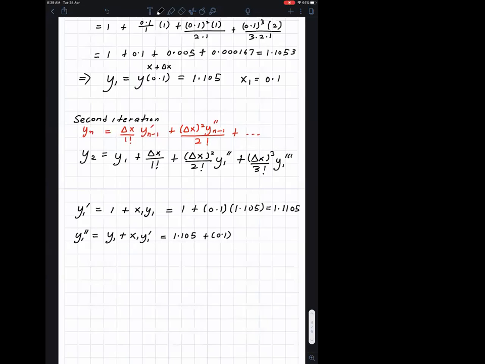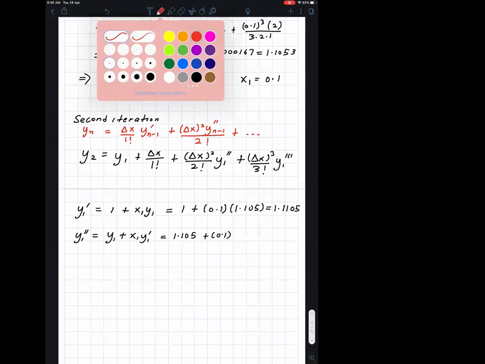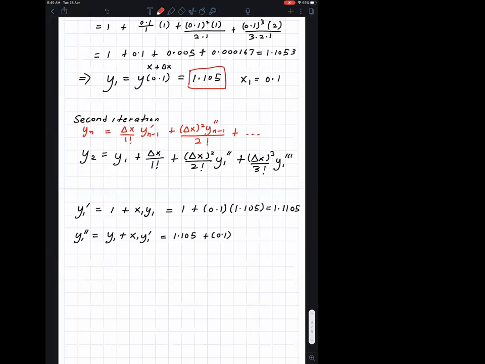Sir, y1 is 1.105, right? Any other question?